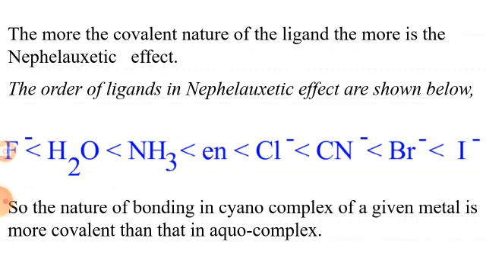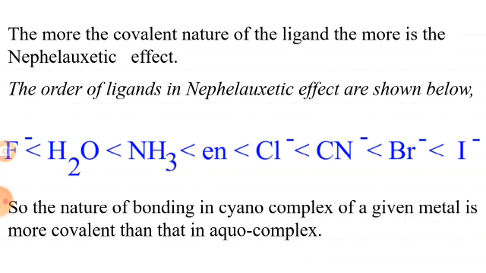So beta is high for F minus and less for I minus. So I minus is a softer ligand. When we consider soft acid base theory, I minus is a softer ligand which shows more reduction in electronic repulsion, and that's why it is a softer ligand, and it shows more covalent character as compared to F minus.